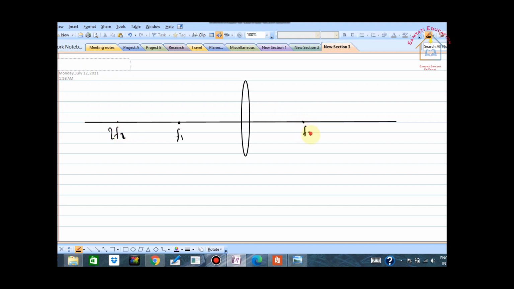Here is f2. Here is 2f2. Focal length is 25 centimeter. F equal to 25 centimeter, and height of object h naught is 5 centimeter.